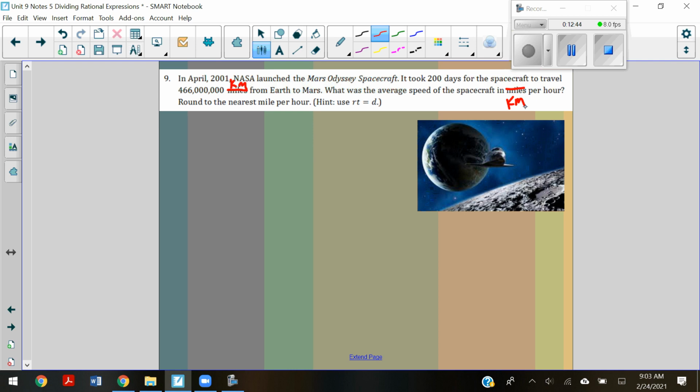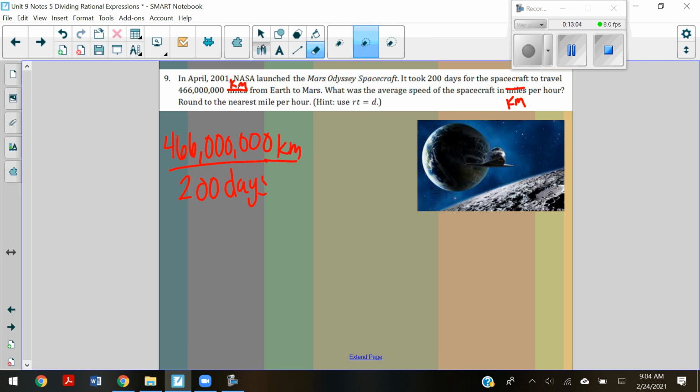So it went 466 million, not billion, sorry, my bad, in 200 days. So this is kilometers and days. We want to first move it into kilometers per hour. So we're going to leave kilometers, but we want to change days into hours.